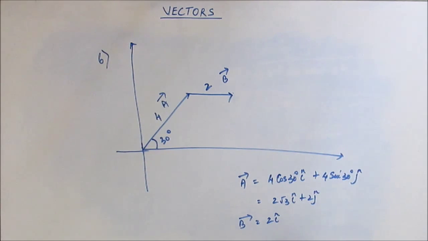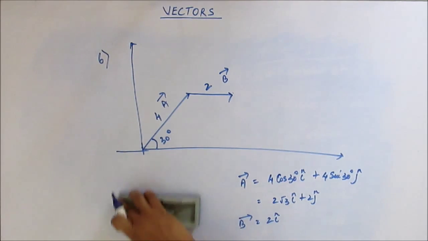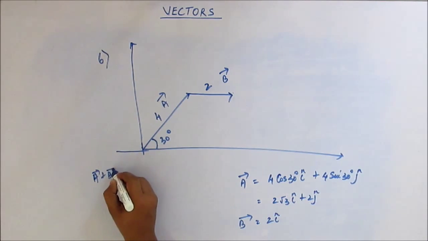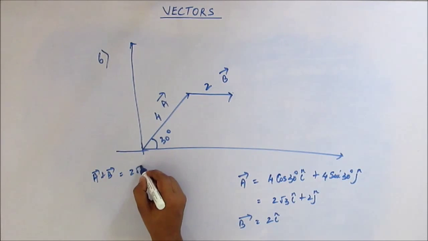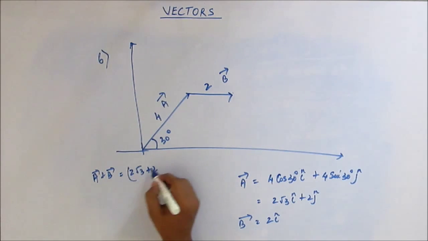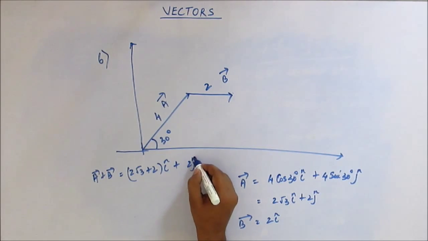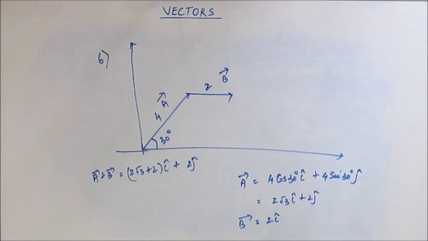So A vector plus B vector is equal to (2 root 3 plus 2) i cap plus 2 j cap. So simple and easy.